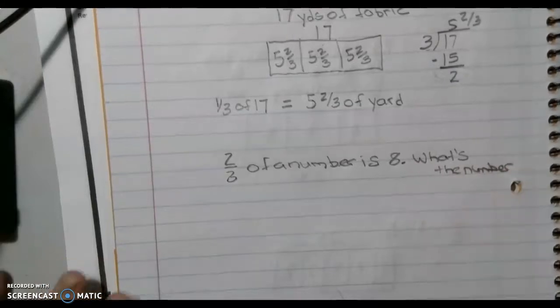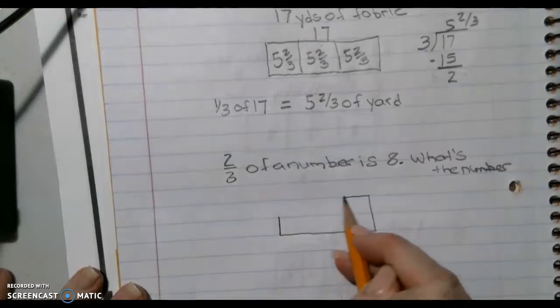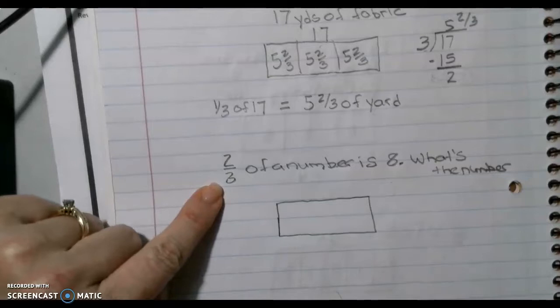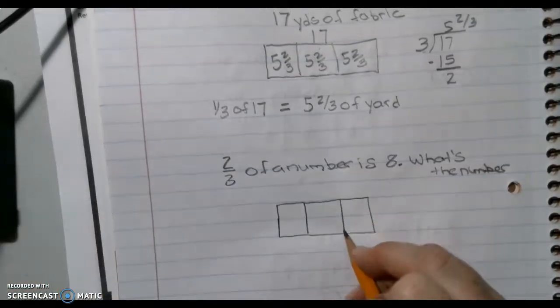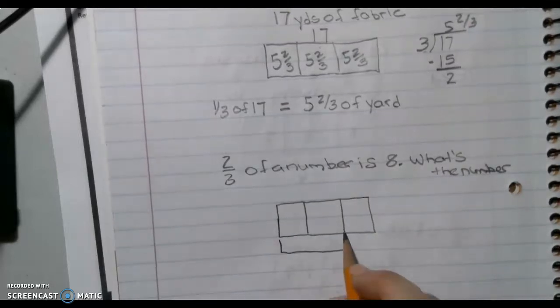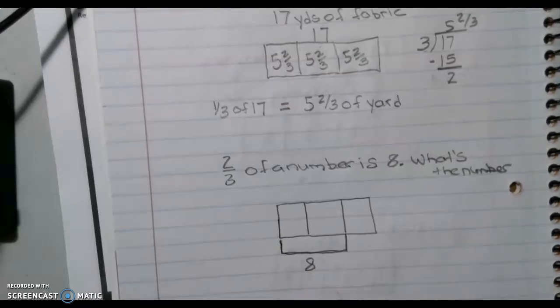Okay. Well, so we have our bar model. And it tells us that it's divided into thirds. And it tells us that 2 of these thirds is 8, right? So what are each of these boxes going to equal?